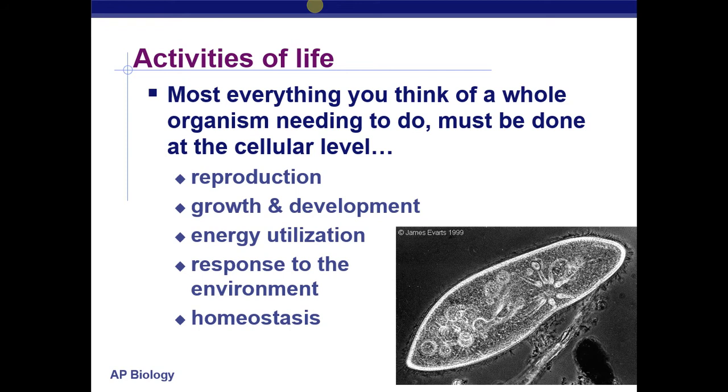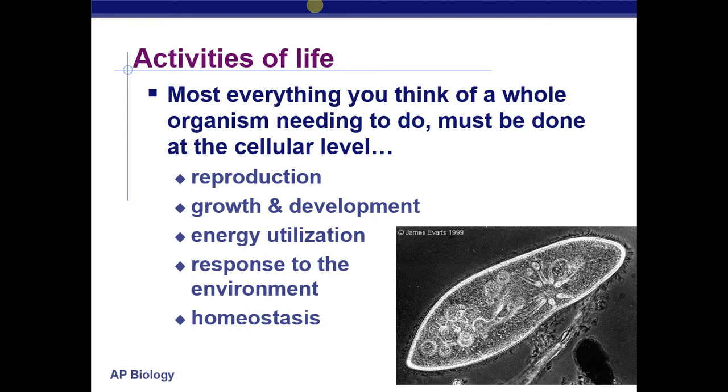Cells are important for everything that an organism needs to do. For example, reproduction, growth and development, using energy, responding to external stimuli from the environment, and maintaining homeostasis, the narrow balance of conditions necessary for life.